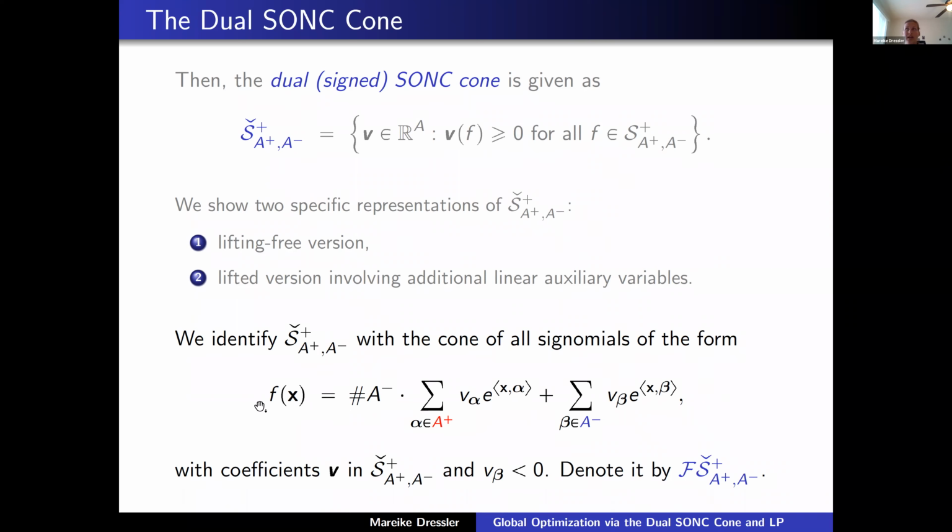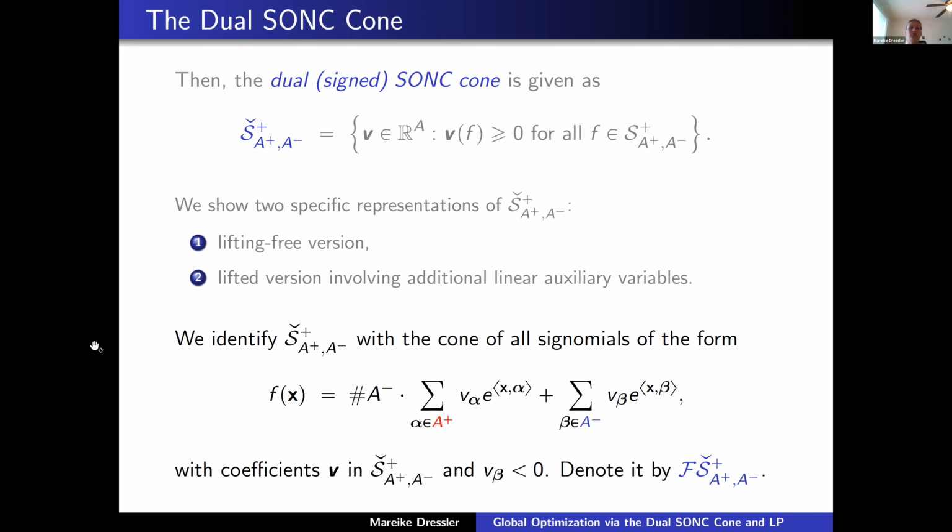And moreover, we have to here really scale the vectors from this dual SONC cone, otherwise it does not work. So we can in particular say not every element in this dual SONC cone induces really a function in the dual. And this so defined cone of zignomials, which are somehow dual, we denote with f s hat plus a minus to somehow indicate this is the function dual SONC cone.